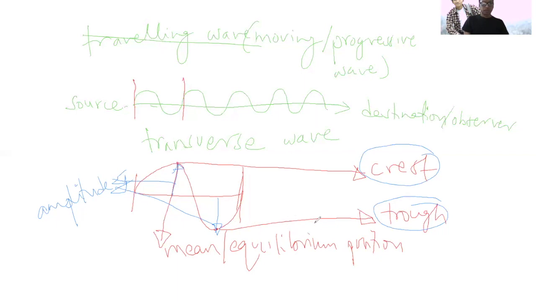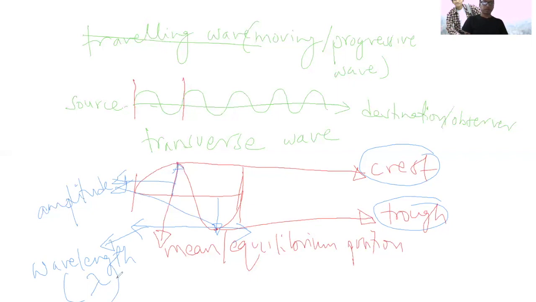Now let's define wavelength. The wavelength is defined as the wave consisting of one crest and one trough. So the wave consisting of one crest and one trough gives you the wavelength of that wave. It is represented by lambda, right?